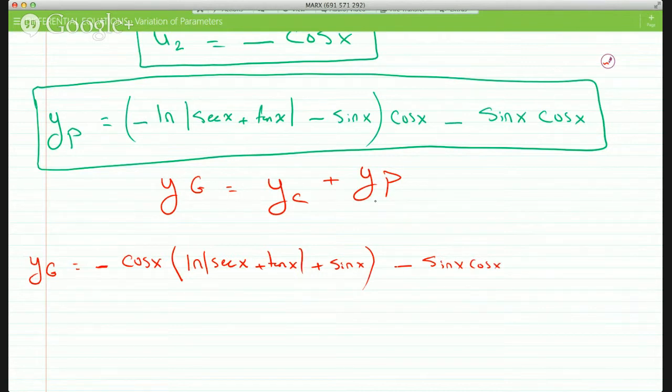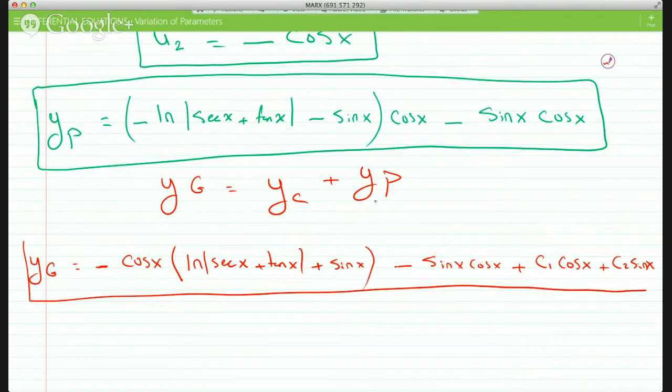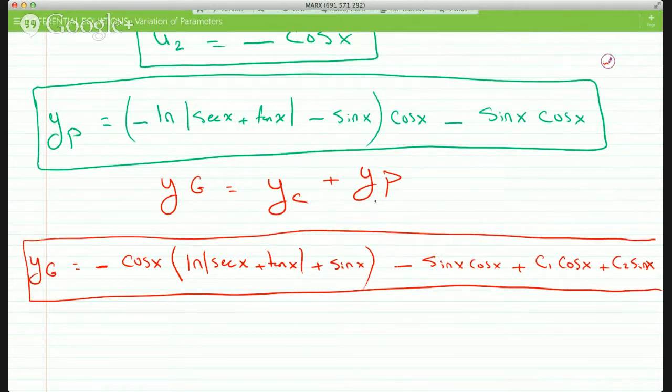So this whole thing was y particular, and y complementary is c1 cosine x plus c2 sine x. Now, only after you are done writing the general solution, you can solve for the coefficients c1 and c2. Not at the beginning.